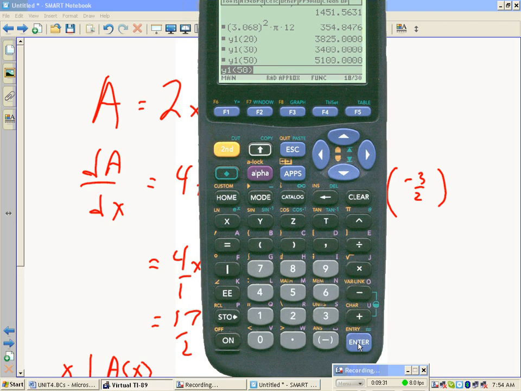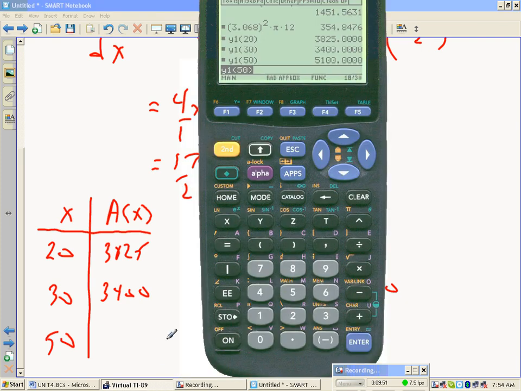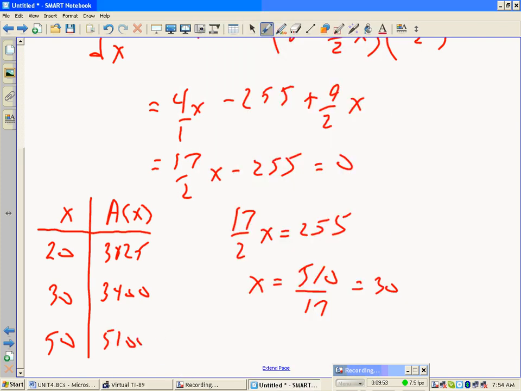What's the max? 5,100 square yards. When does it occur? When x is 50. Okay, so let's say so. This gave us 3,825 square yards. This gave us 3,400 square yards. Wait, am I remembering this right? 38, yeah, and this gave us 5,100 square yards.